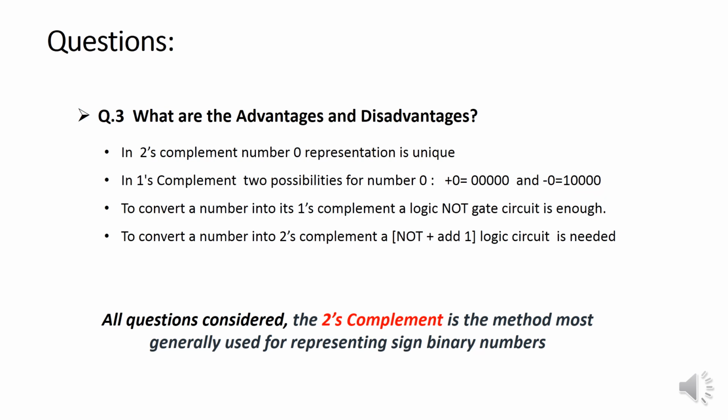From the point of view of the complexity of the logic circuit, to convert a number into its 1's complement, a logic NOT gate circuit is enough. Whereas to convert a number into 2's complement, we have to add 1 to the NOT logic circuit.